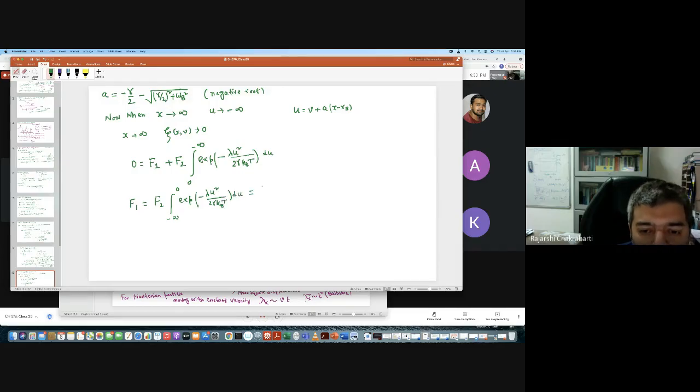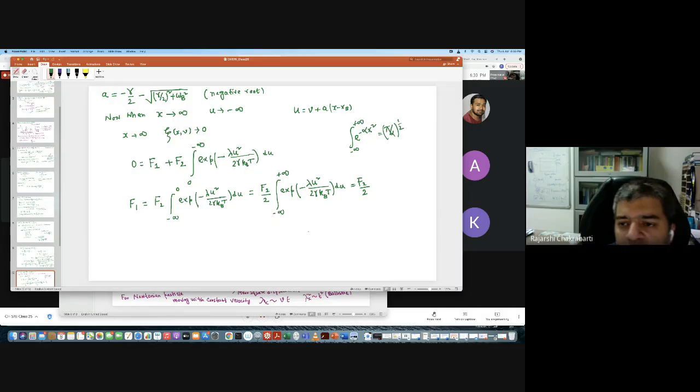And I can do one more thing. I can write it as, I think this is fine with all of you. And you can evaluate this integral, no? Yes. Because let me tell you, e to the minus alpha x square, this is the answer, no?